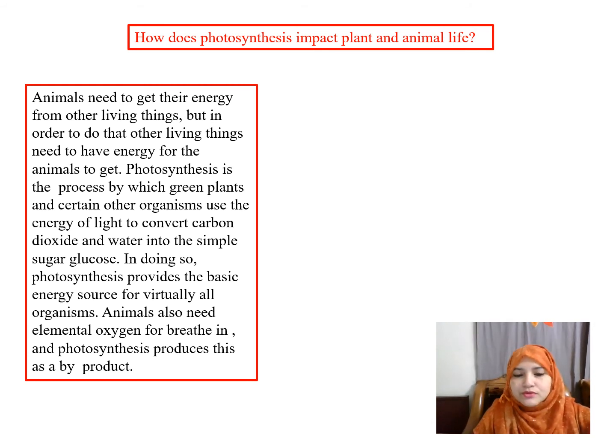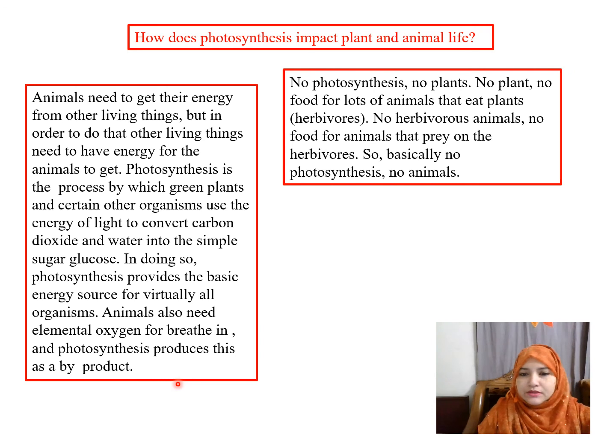We get this from the photosynthesis process. Animals also need external oxygen for breathing, and photosynthesis produces this oxygen as a byproduct, as a waste product. That means no photosynthesis, no plants.